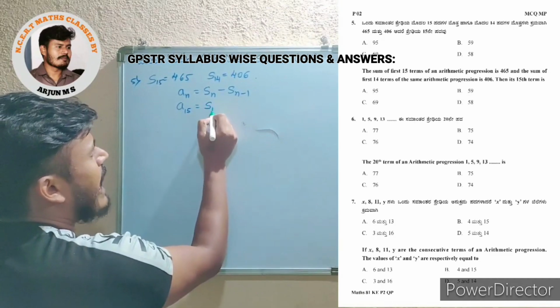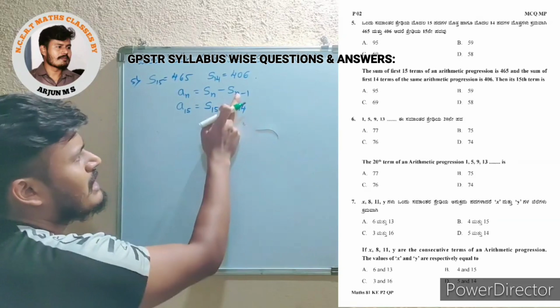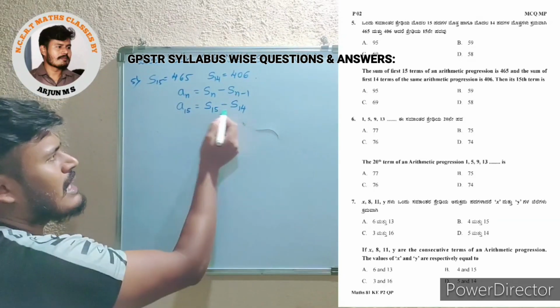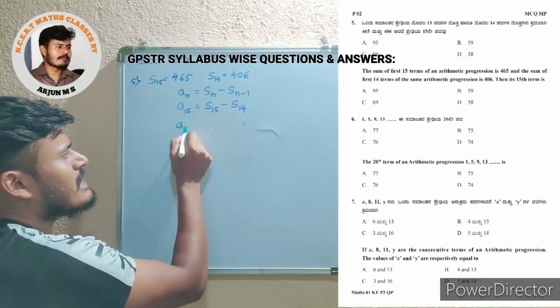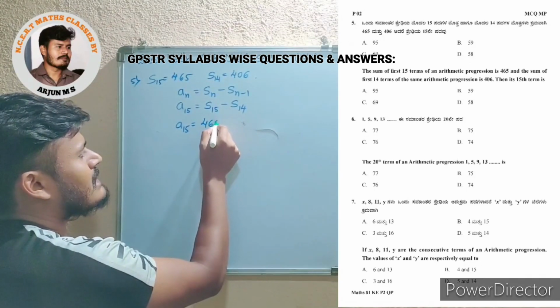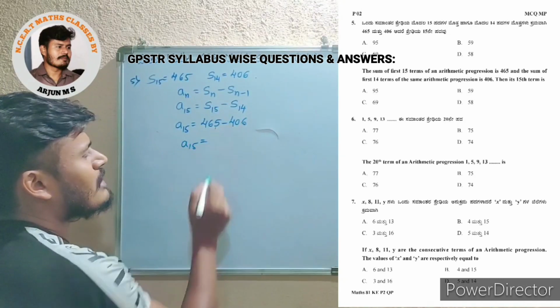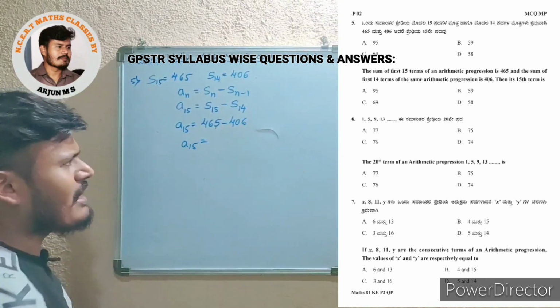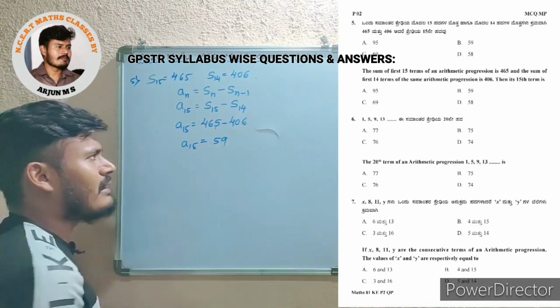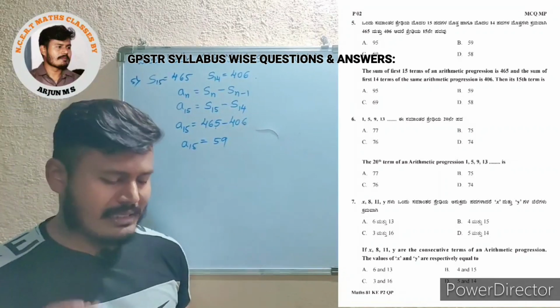This is equal to the sum of first 15 terms minus sum of first 14 terms. 15 minus 1, 14, right? They have given both the values. That's why you just substitute those two values here. We get 465 minus 406, which gives A15 is equal to, what is the value of A15 here? 59. The difference of 465 and 406 is 59.